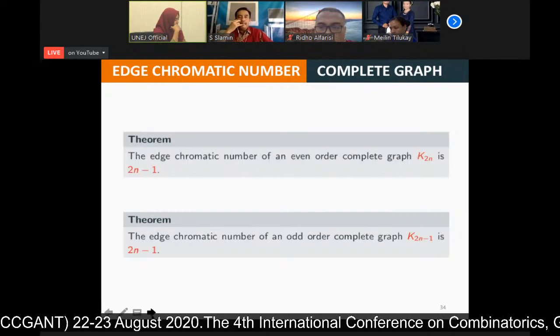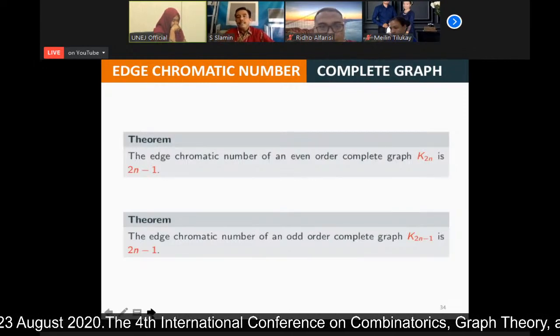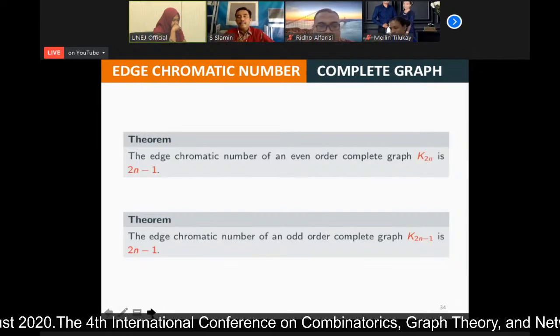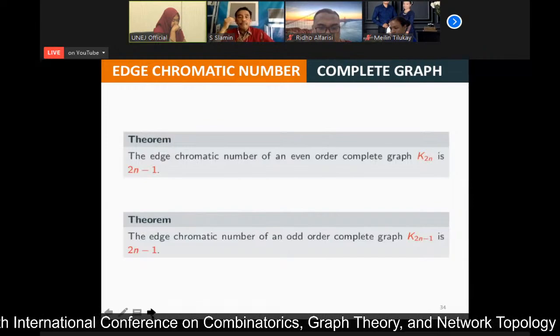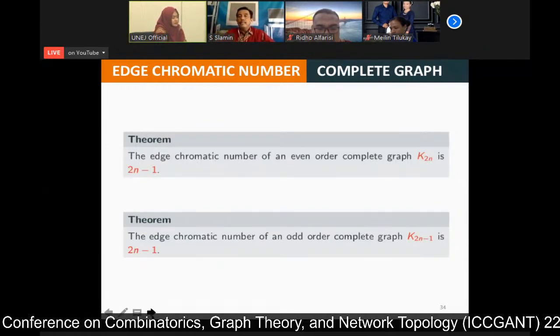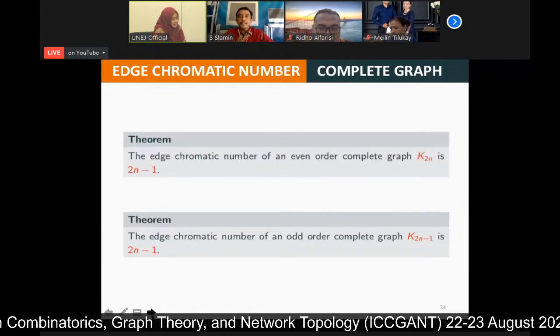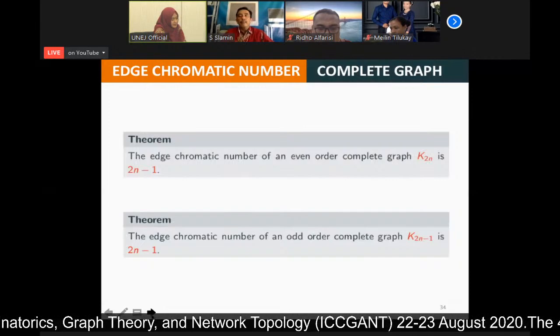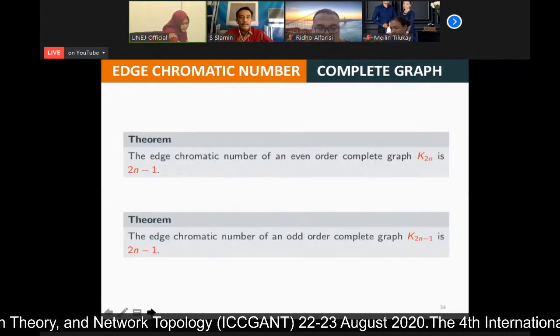If it is a complete graph with even order, then the edge chromatic number of the complete graph is equal to the degree. If the complete graph is K_2n, then the edge chromatic number of K_2n is 2n minus 1.